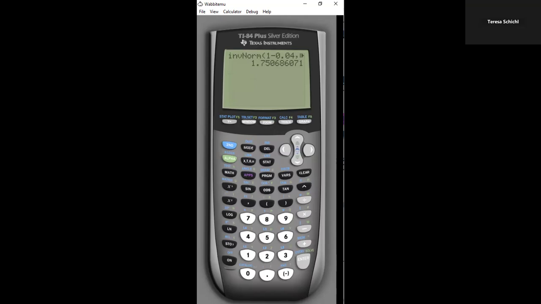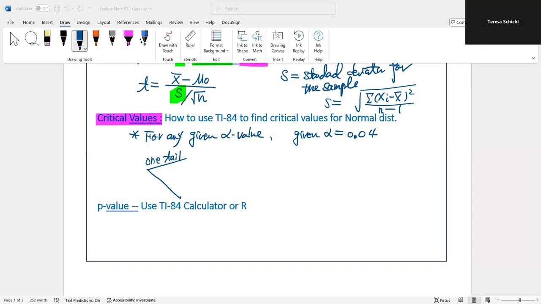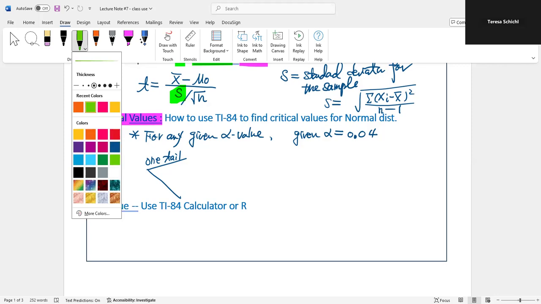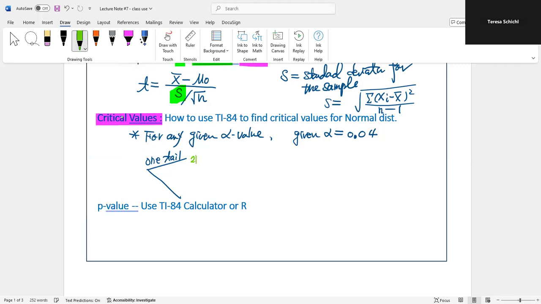So this is 1.75. Now let's go back to the lecture notes and see how to write it down so you won't forget. We did one tail. The keys we use, if you remember: the first key is second, vars.